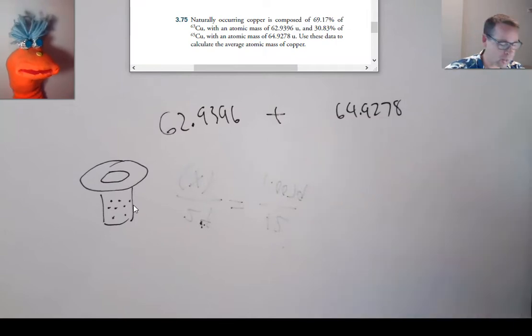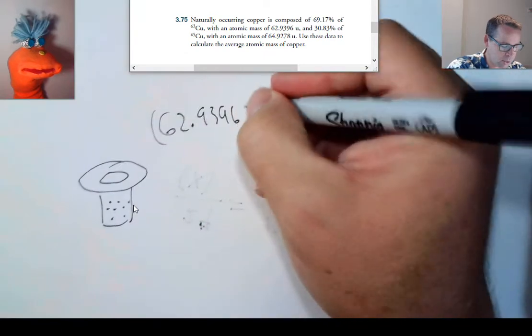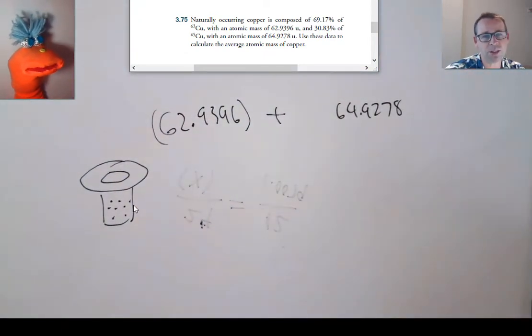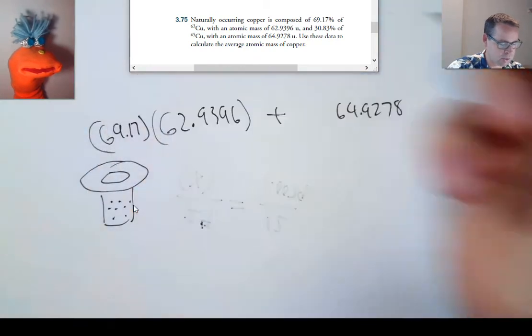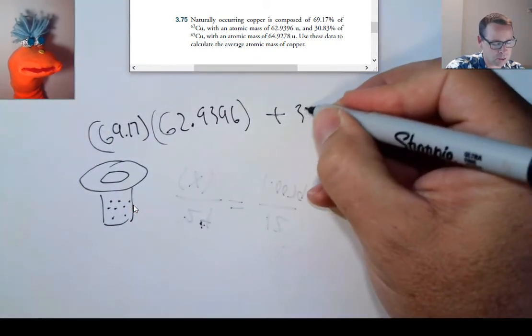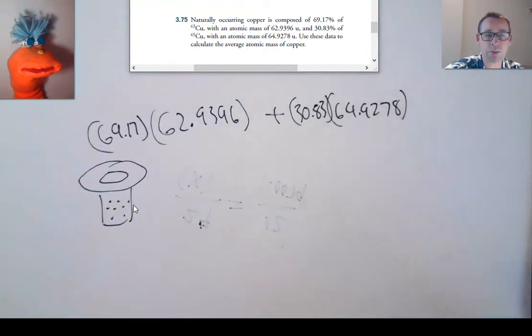Okay. So instead of making a list of every time I pulled it out, I could multiply this by the percentage, right? So it's pulled out 69.17 out of every 100 times you pull out. So 69.17 times it's pulled out. Well, this is pulled out 30.83 times. And again, those are per 100 percentage.